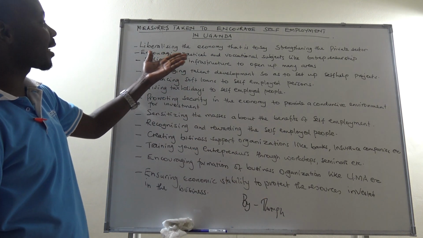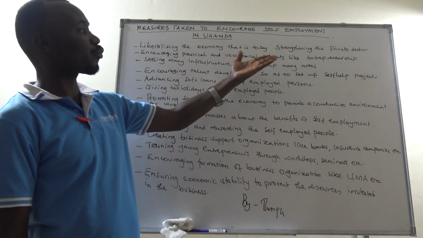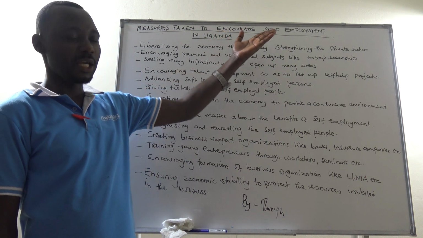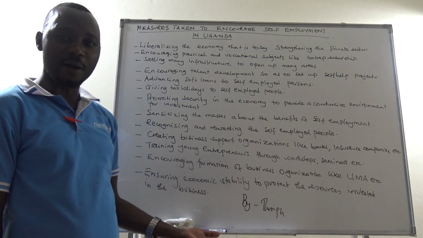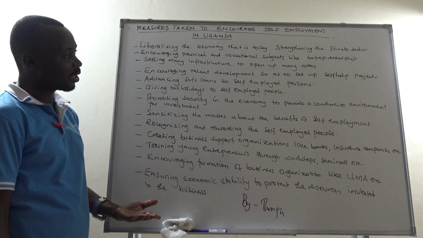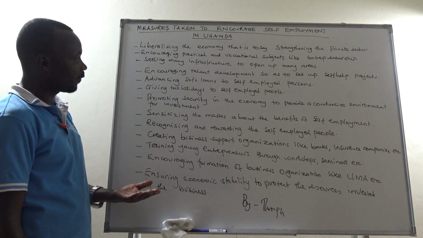So we need to strengthen the economy, that is, to liberalize the economy by strengthening the private sector, in order to encourage employment, to have long-term secured jobs, in order to see and realize a positive way of living.